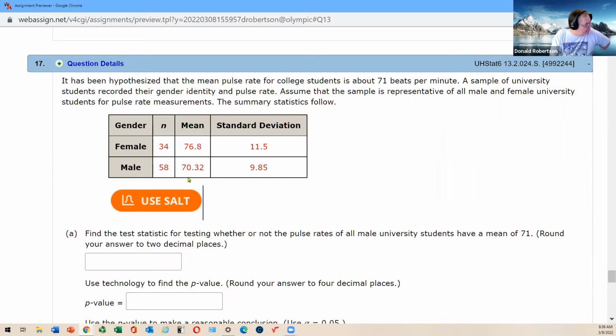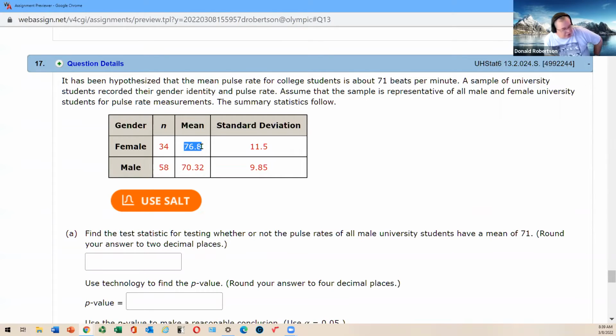But if I was doing it for the males, isn't there evidence that it's actually less than 71? Since they haven't mentioned either, I'm just going to go for the bog standard, that it's not 71. That it's different. In one case it's bigger, and in the other it's probably smaller. So let's do the females.